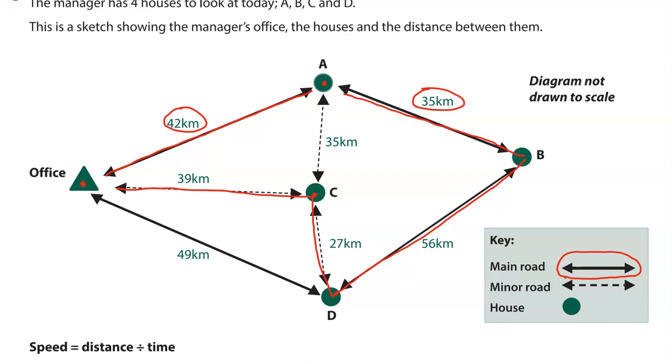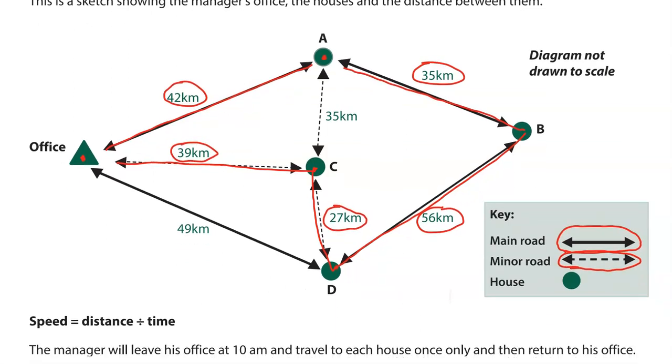So now 35, 56, and that's it for the main roads. Then we've got minor roads. So that is 27 and 39.